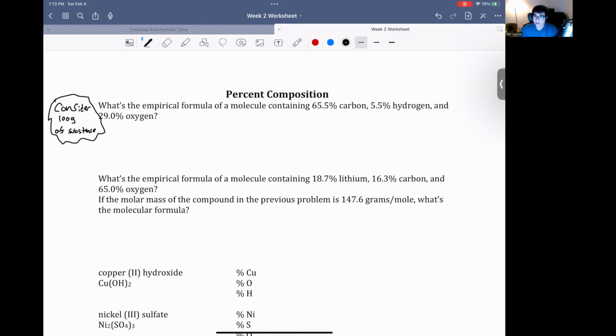Out of, again, 100 grams of substance. I'm going to start up here, or else we're going to run out of room. So for carbon, again, this is out of 100 grams. If it's 65.5% carbon by mass, I have 65.5 grams of carbon. Let's convert this into moles.